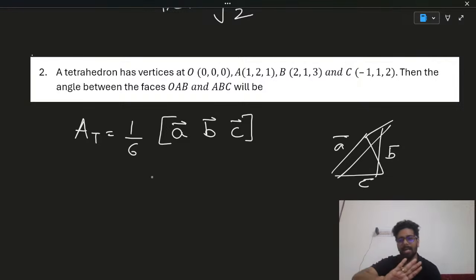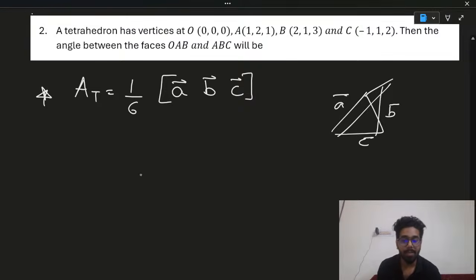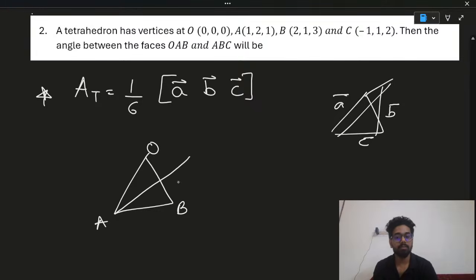Alright, but apart from knowing this formula, in this question they are just saying the tetrahedron has vertices O, A, B, and there is another plane ABC. Now, what will be the angle between these 2 surfaces? The answer is very simple.